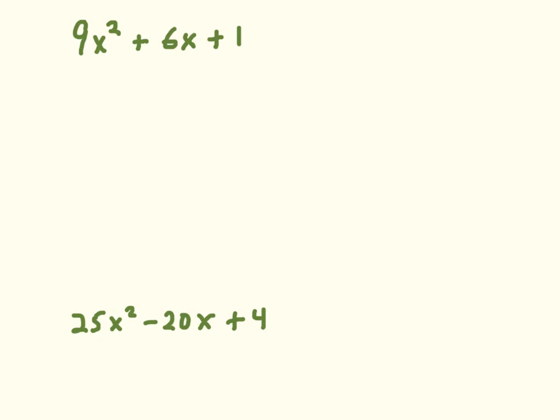These next two are what we want to always be on the watch for, what we call trinomial squares. Trinomial squares are really just perfect square trinomials.